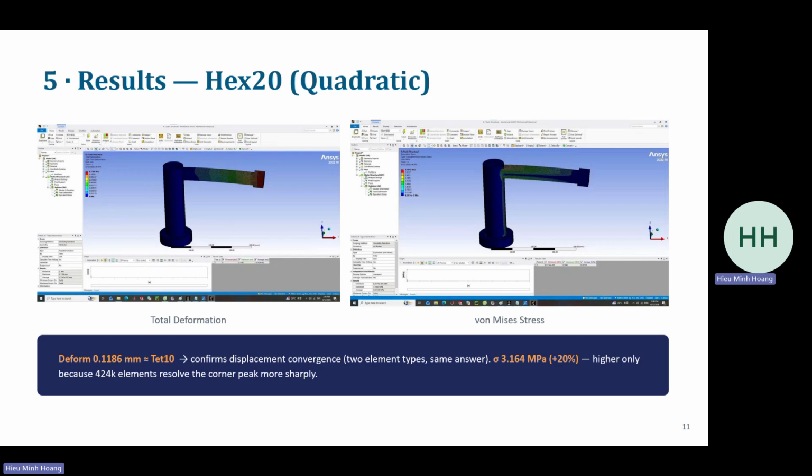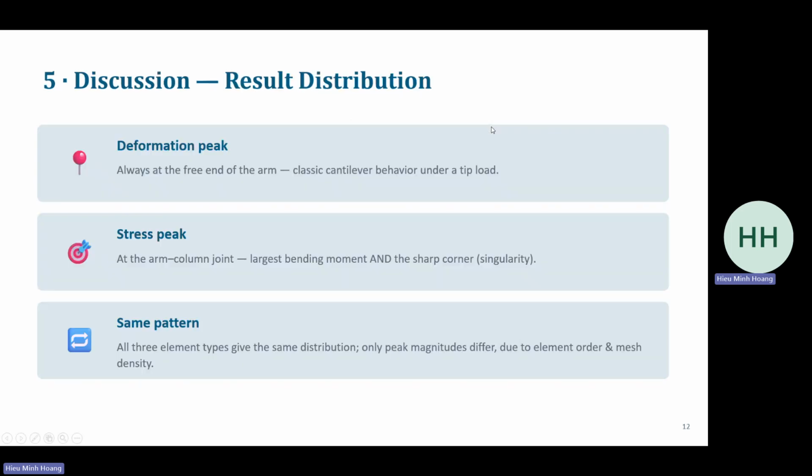So let me discuss the result distribution. The deformation peak is always at the free end of the arm. This is classic cantilever behavior. The stress peak is always at the arm column joint because of the largest bending moment and the sharp corner.